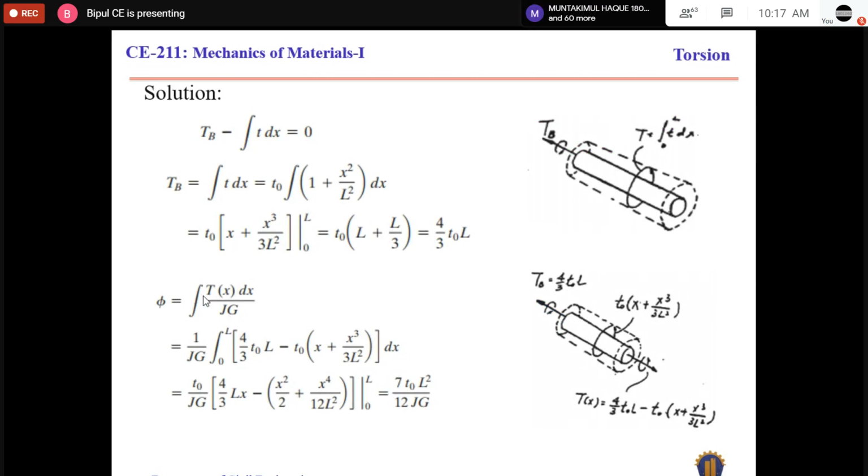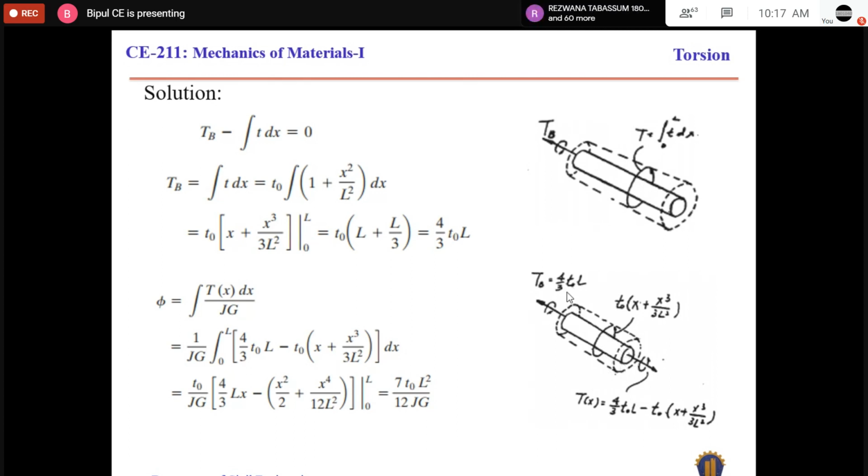So the variable is only Tx, that means the internal torque at a location x distance from the support. If we cut the tube at a section x distance from the support and draw the free body diagram, that will be similar to this one.